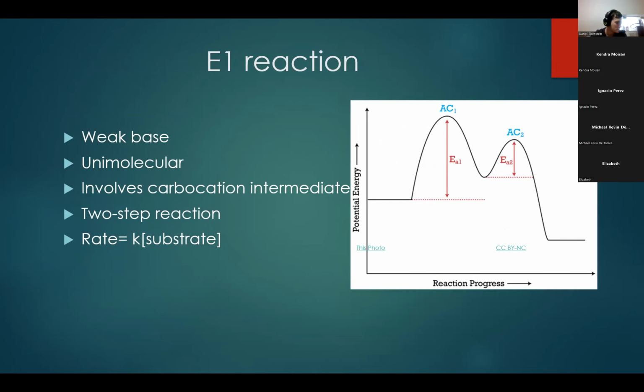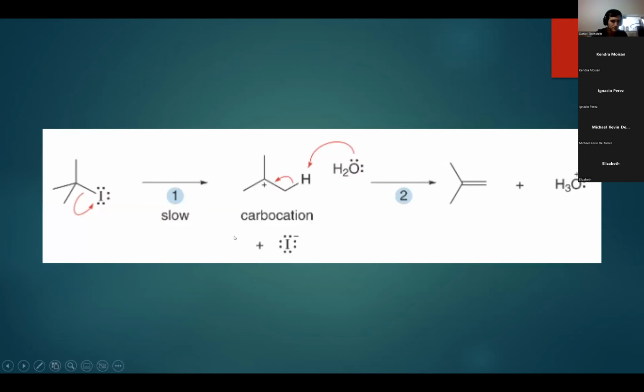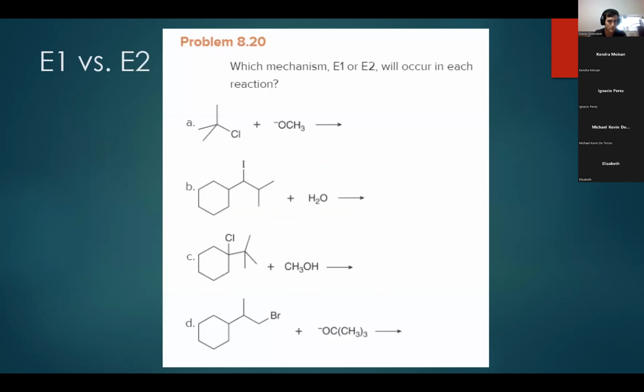The E1 doesn't really involve any interesting or fancy regiochemistry, and it doesn't involve really any stereochemistry. The E1 is pretty simple. You've lost a leaving group, followed by proton transfer to give you your alkene, which will always be in the most substituted position.